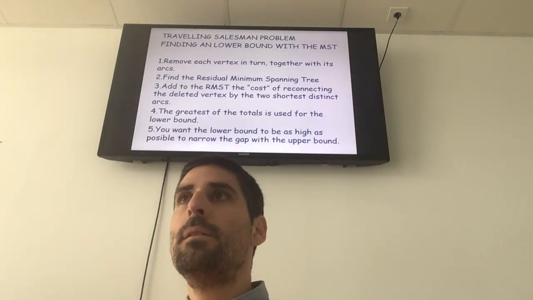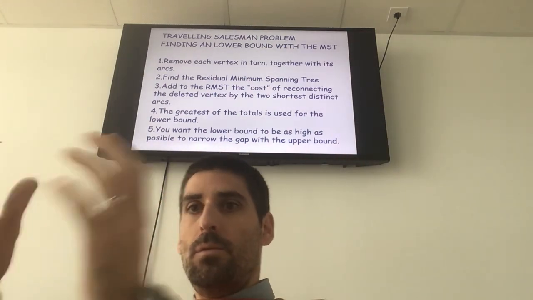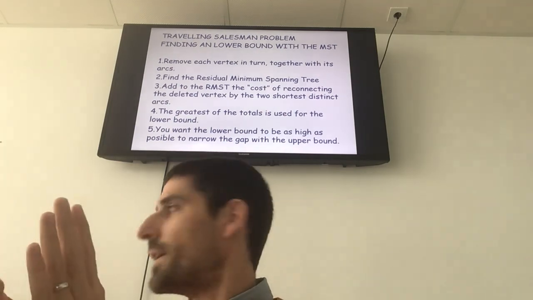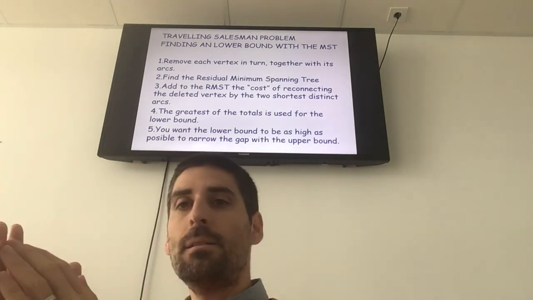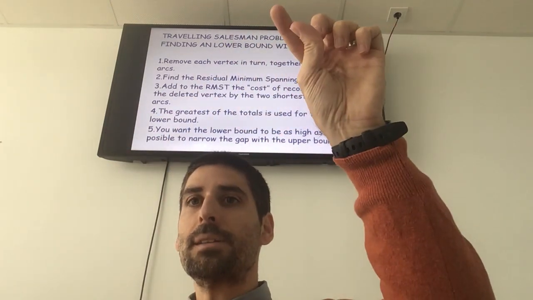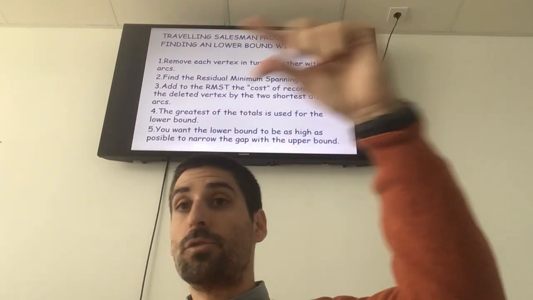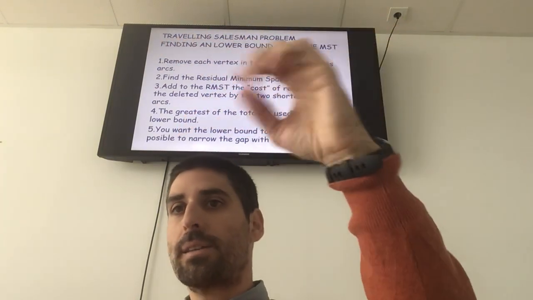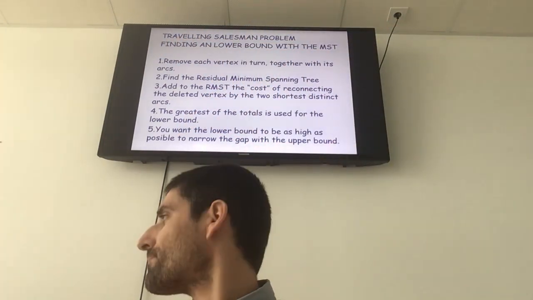You find the minimum spanning tree of the bit that you got left of the network, and then you're going to add the vertex back and the 2 shortest arcs that connect it back to the network, okay?